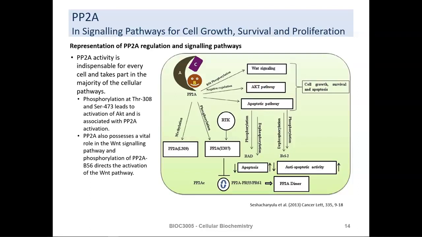PP2A is also playing an important role in the WNT signaling pathway, and this is through phosphorylation of B56, the regulatory unit B56, in the activation of the WNT pathway.